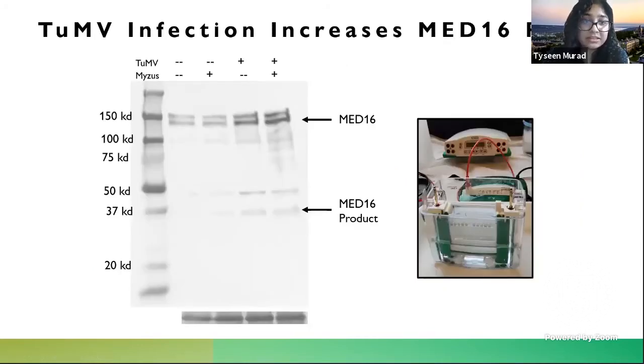And from the Western blot itself, we also see an increase in MED16 protein and also a cleaved MED16 product in the TuMV and the TuMV plus aphid plants.